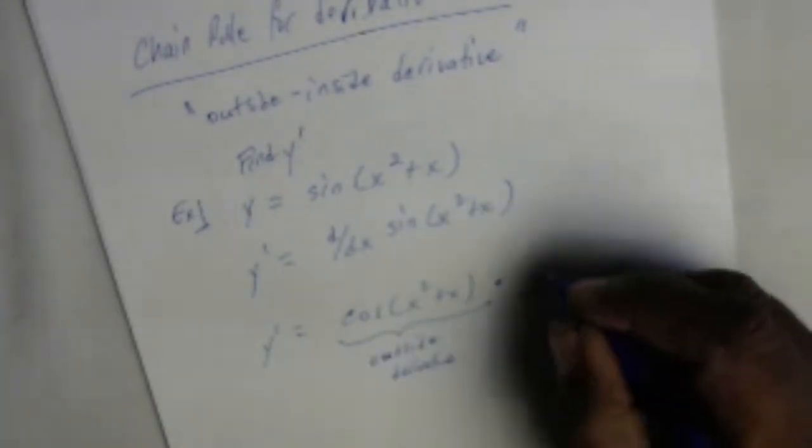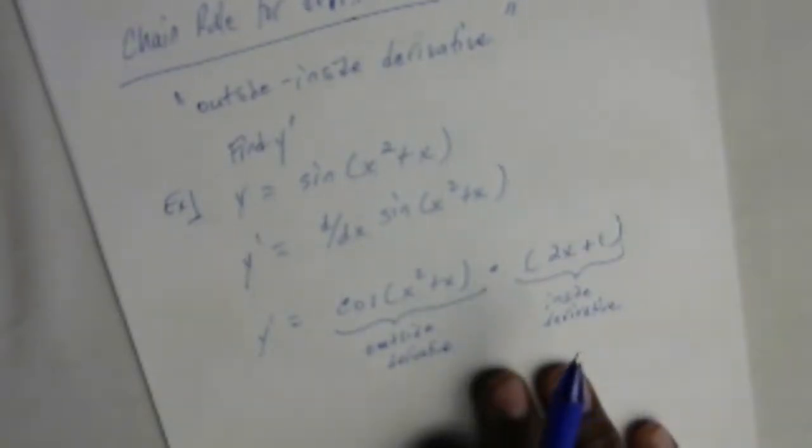If I look at my innermost function, which is x squared plus x, the derivative gives me 2x plus 1. So my derivative is the cosine of x squared plus x times 2x plus 1. Just in a nutshell, that is the chain rule. It's the outside inside derivative.